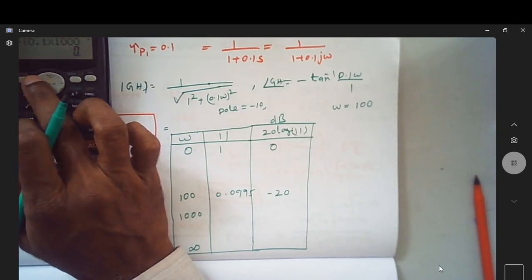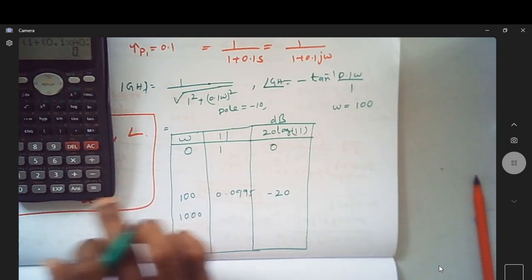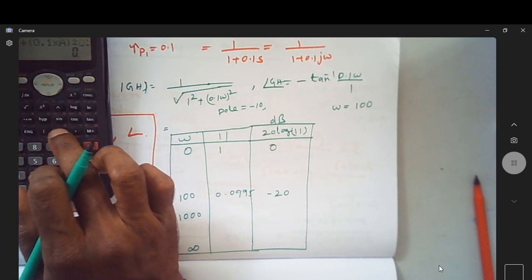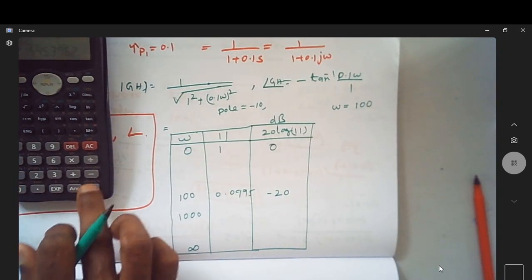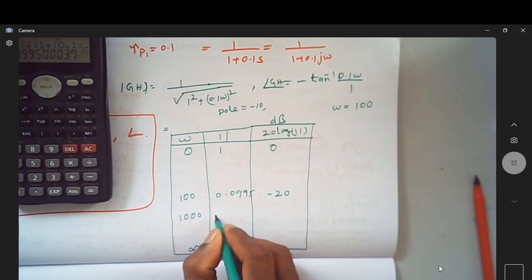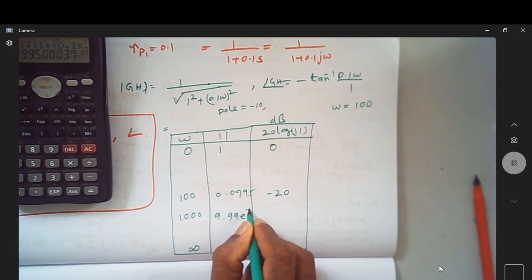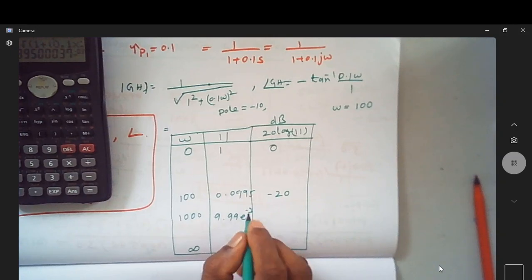Let me make it as alpha a, so that I can keep substituting. Alpha a close square, calculate for 1000. You see it is 9.99 e power minus 3, that is e minus 3.